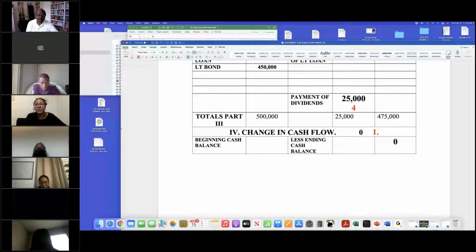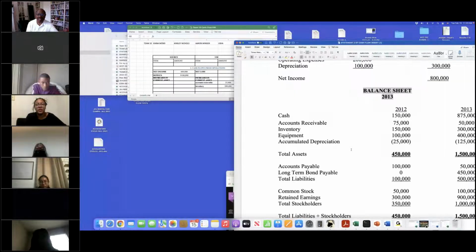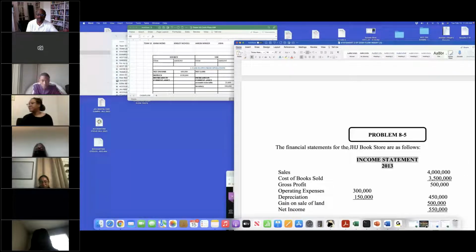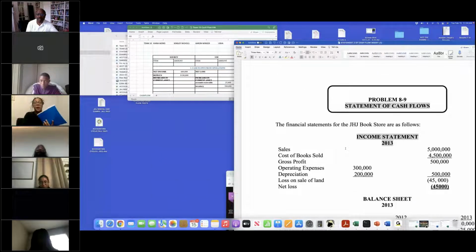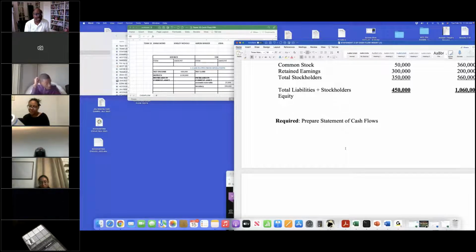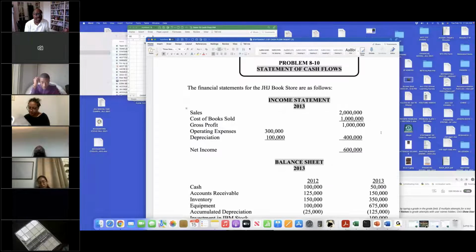So, what's the first thing that you're going to do on problem 10? Problem 10 had sales, cost of goods sold, gross profit, operating expense, depreciation, net income, total assets.